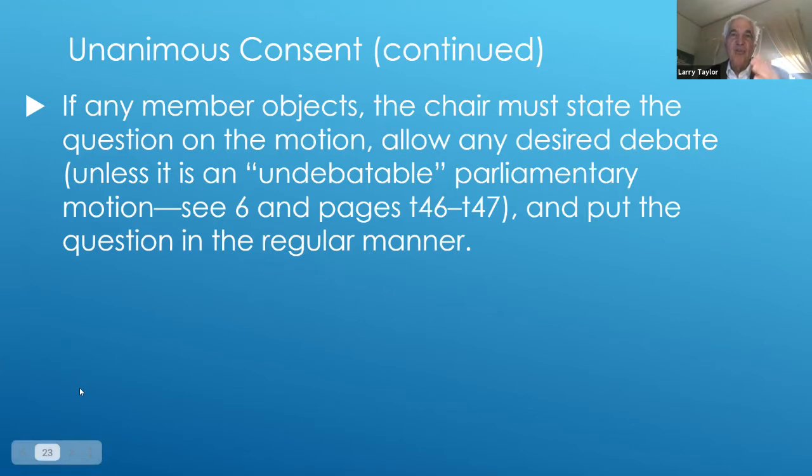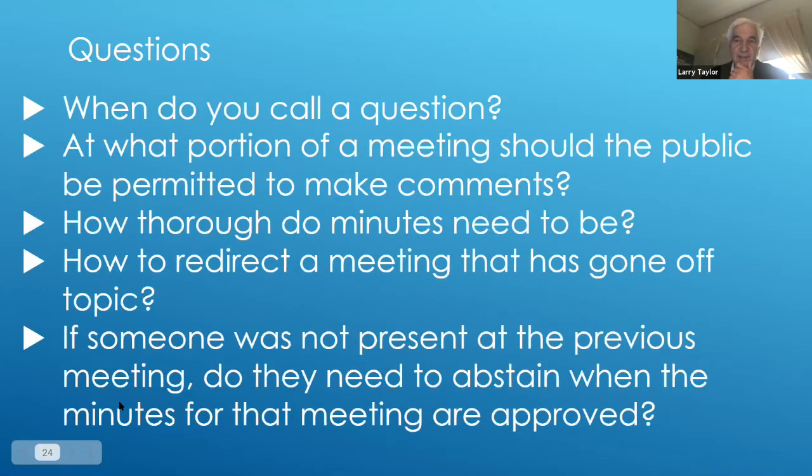So if 2/3 of the members of a meeting want to stop debate on something, and it's usually because the debate is starting to get redundant, someone can raise their hand and be recognized to end debate. And if 2/3 agree, you can end debate, but it's not a debatable motion. And there's another handful of undebatable motions, which the chair should be familiar with.